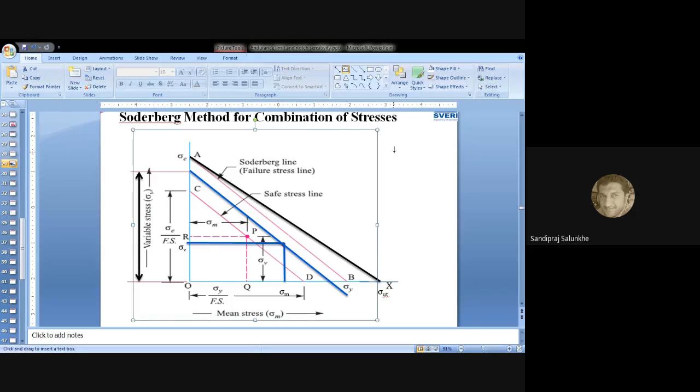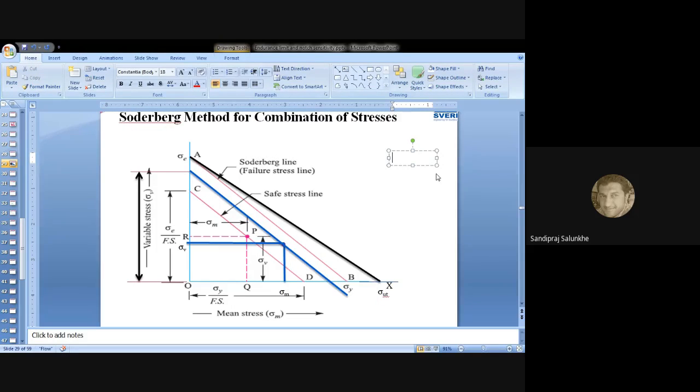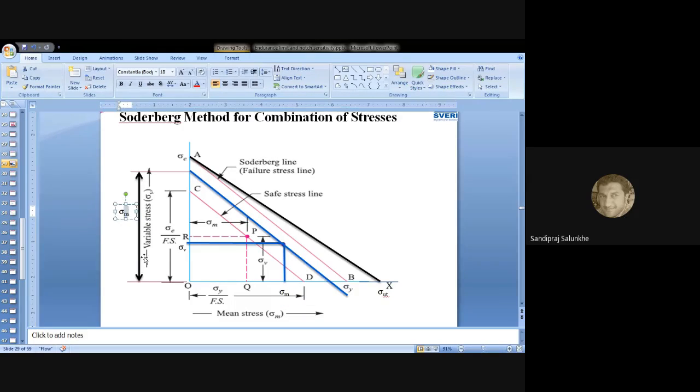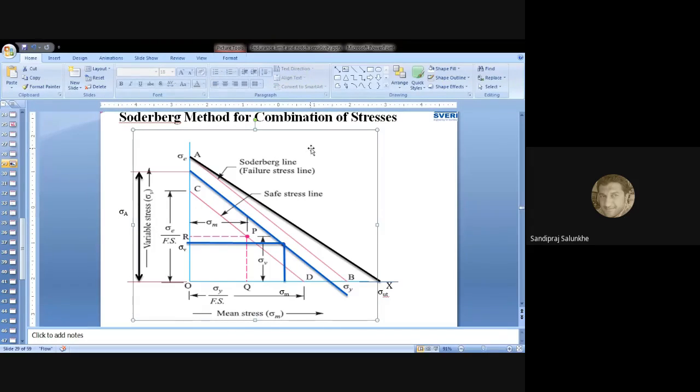If I say the stress as sigma, this value, this I call as a sigma A, Abhijit stress value. Now, how we can calculate the factor of safety?